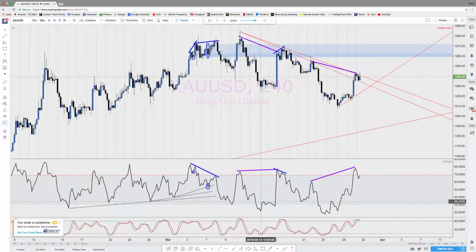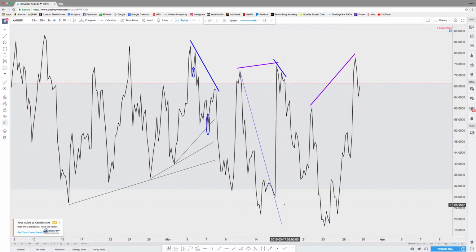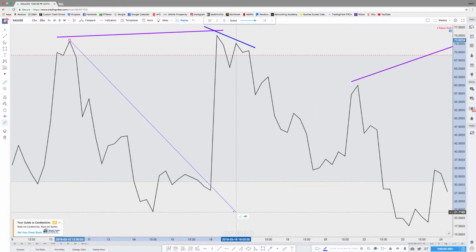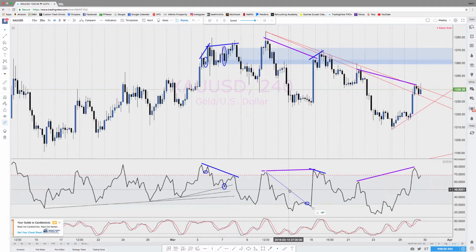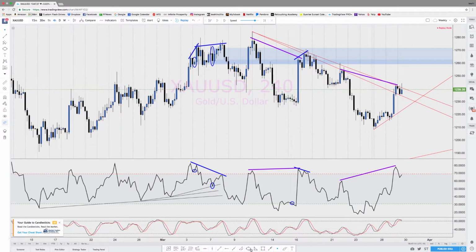Okay, now let's look at the zone in between this hidden bearish divergence, by taking our trend line and finding the point where it first touches, which to me looks like that point there. And mark this on our chart.